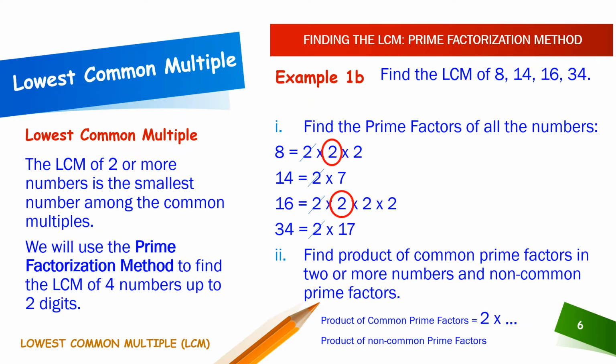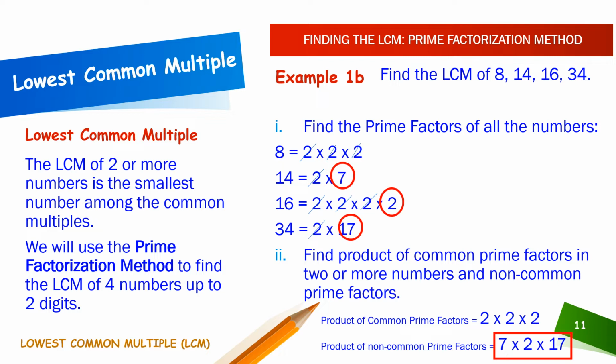These 2's highlighted are also common to two or more numbers. So place a 2 here. These 2's highlighted are also common to two or more numbers. So place a 2 here. The product of common prime factors is 2 times 2 times 2.